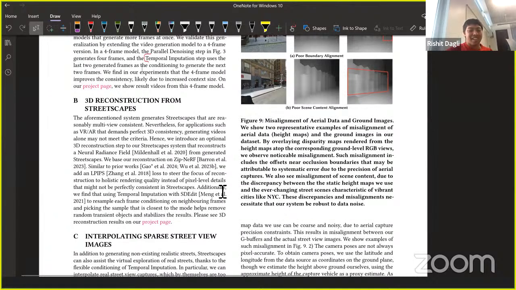And they also talk about how for 3D reconstruction, they use the standard NeRF pipeline. So you give it frames and you get the camera coordinates. You run COLMAP, SfM, get the poses. They pretty much just use the entire Zip-NeRF pipeline to do this.